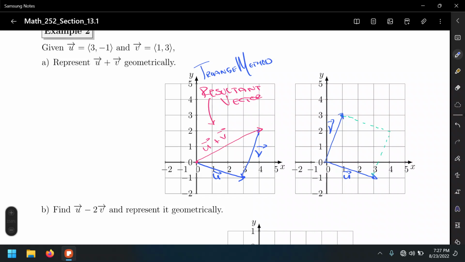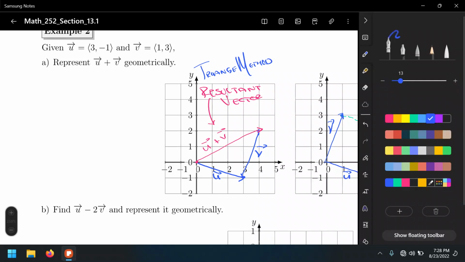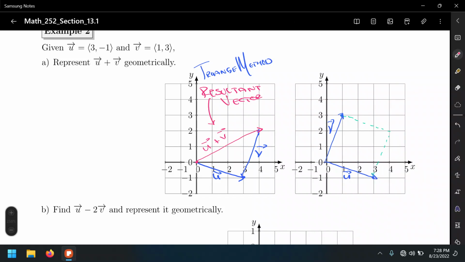And well, in this case, the resultant vector will be given along the diagonal inside of the parallelogram. Did you notice it's the same vector as the one we did using the triangle method? Same thing.